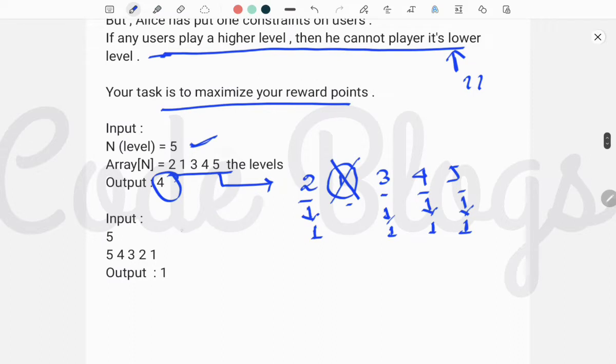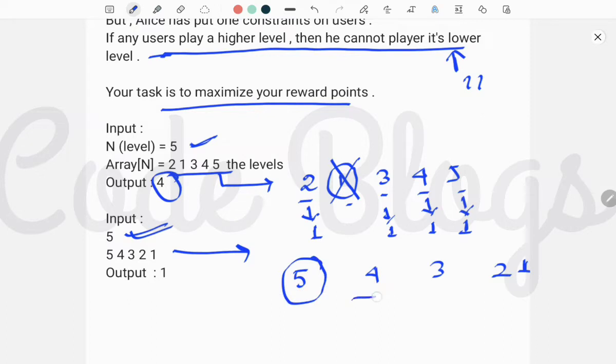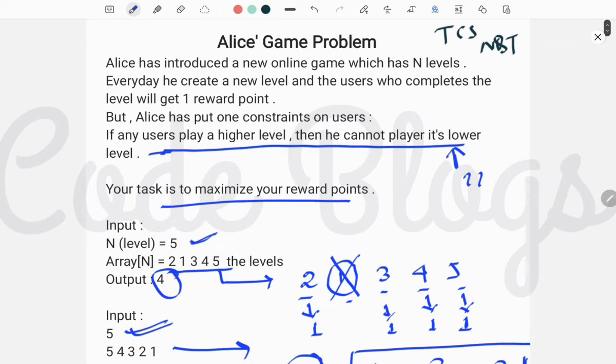Now check out the second example. Here also the number of levels of the game is 5 and the levels are 5, 4, 3, 2, 1. If he plays 5, then he cannot play these levels because these levels are lower. And one more thing, if any user wants to skip any level, then he can do it.